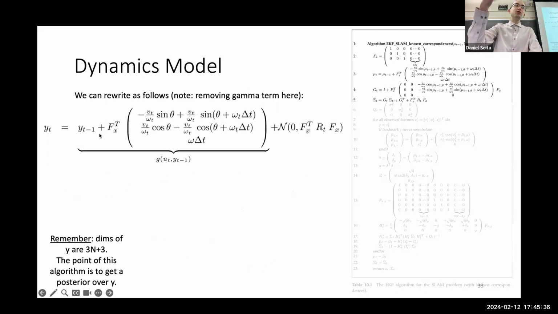And then essentially what happened here, and I'm not going to go through the details, is you again rewrite this in terms of the noiseless part and the noise part. It's EKF.